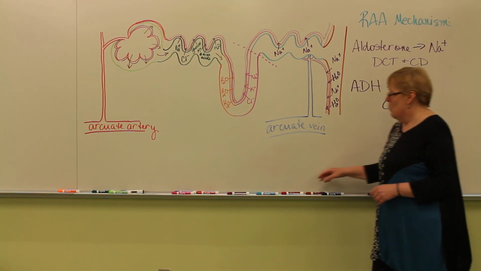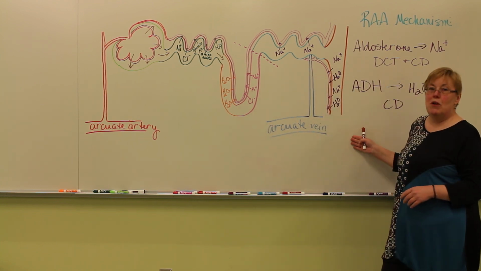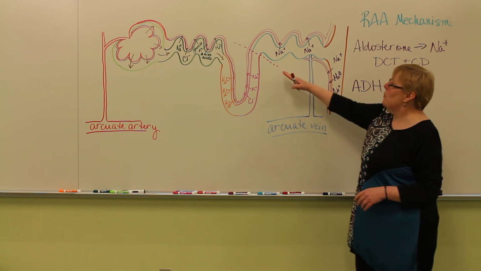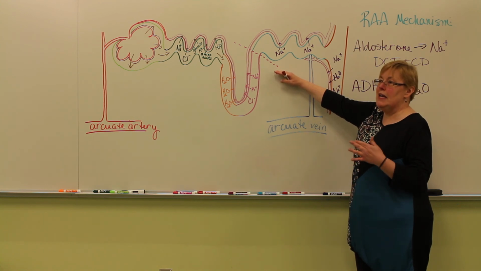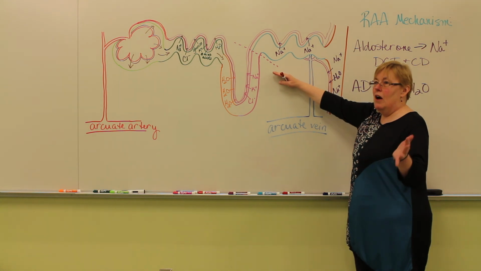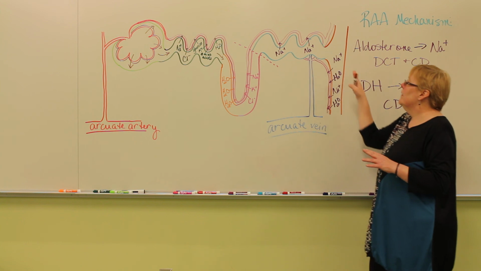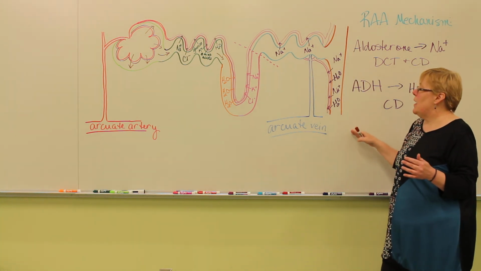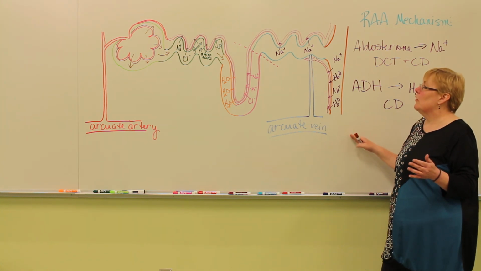Okay, now without these steps, we would have produced dilute urine. Okay, so if our processing ended here, we would have reabsorbed 90+ percent of the material that we originally filtered, and only 10% of that, or less, would be leaving the body in dilute urine.